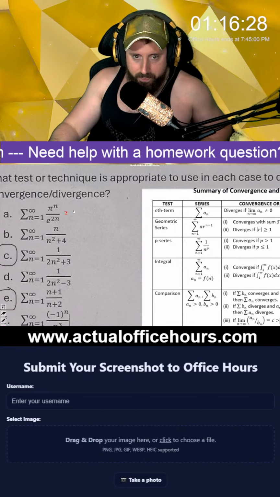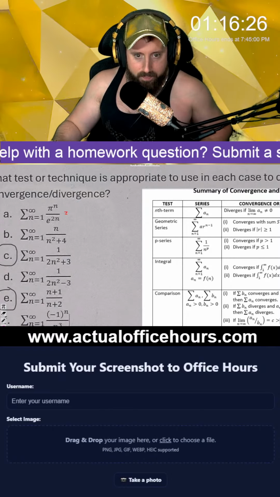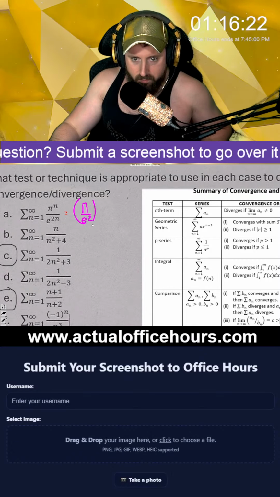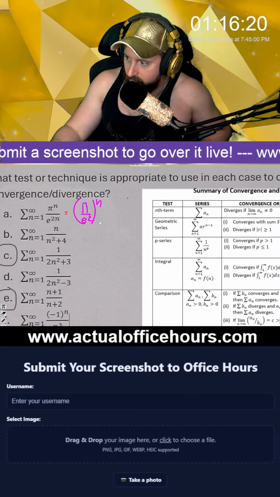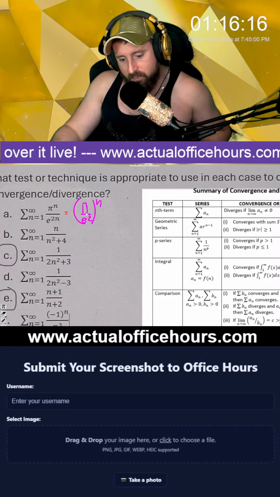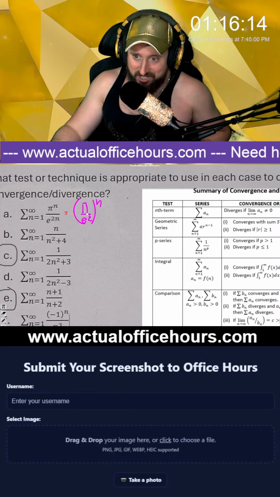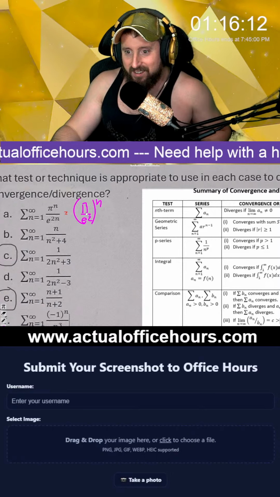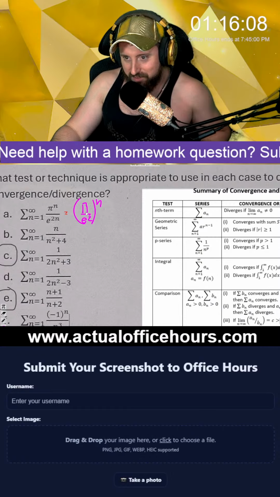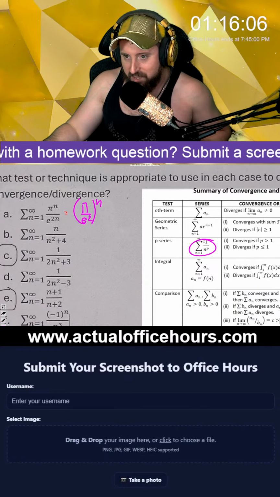Okay, I like this. Okay. This is the same thing as pi over e squared all to the n. Okay? That's what this looks like. I believe you could run this as a P series, right? Can't you just run this as... Oh, this isn't a P series because it's to the n.